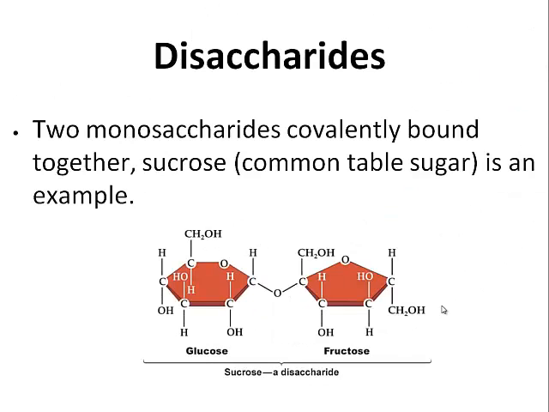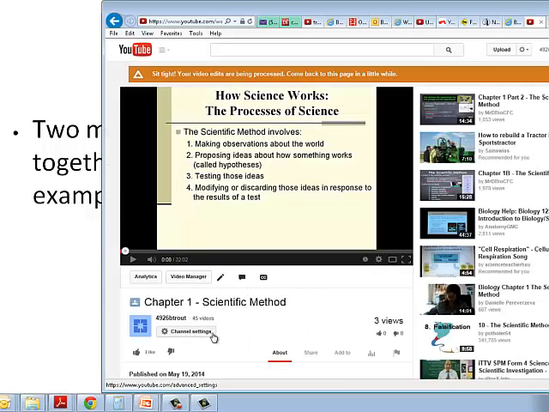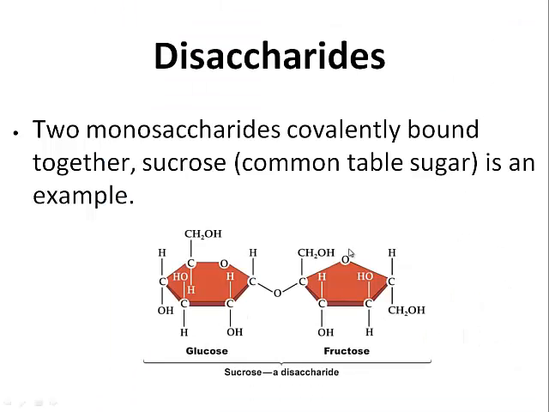So here's a disaccharide. This is sucrose, common table sugar. So when you go to the store and buy a 5-pound bag of sugar, this is what you're purchasing, sucrose. And as you can clearly see here, sucrose is composed of 2 monosaccharides. We have glucose on the left-hand side, and then we have fructose, another monosaccharide, on the right-hand side, joined together by a covalent bond.